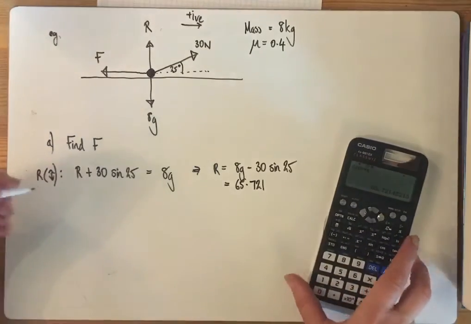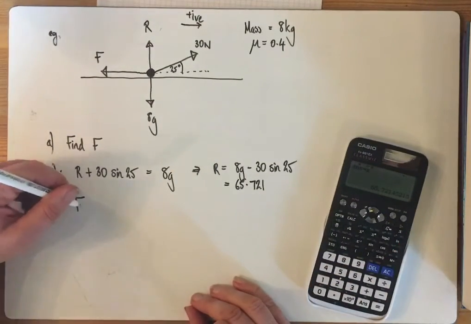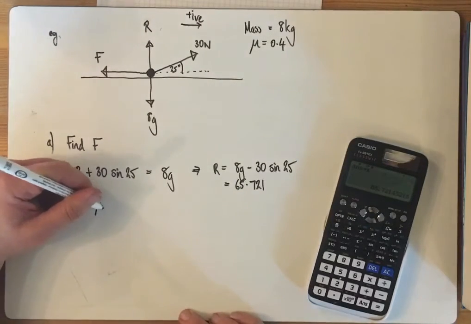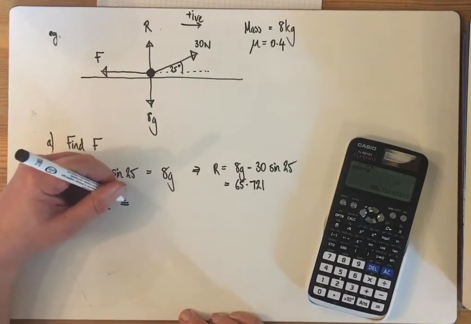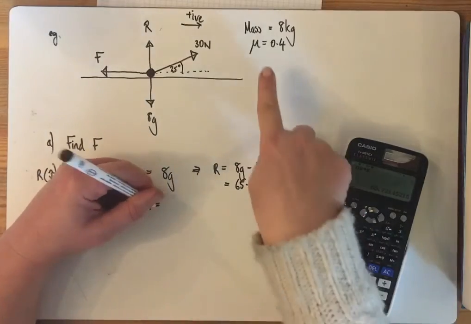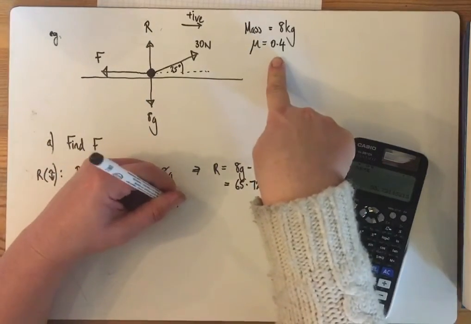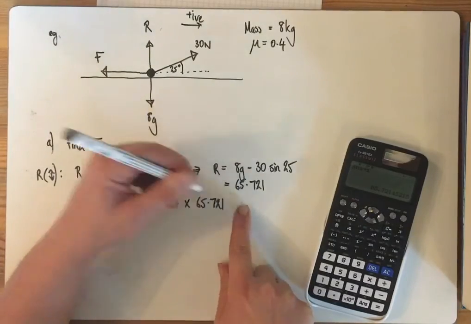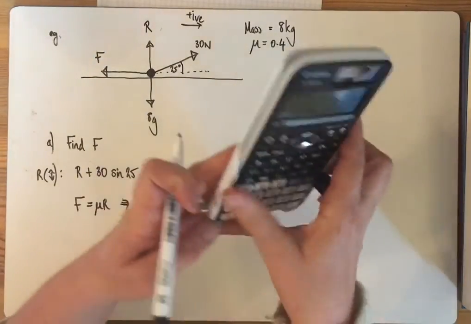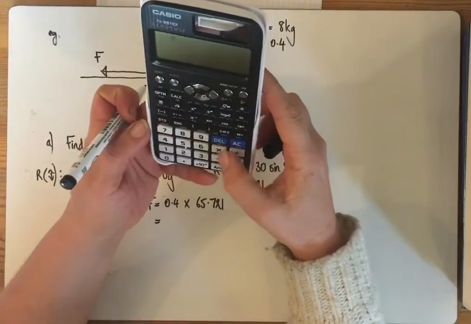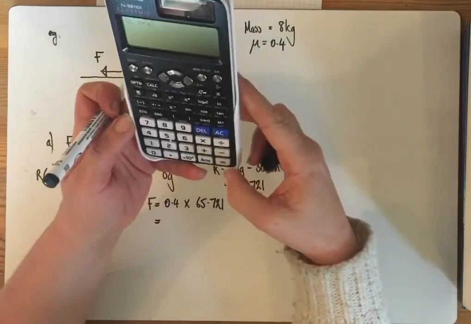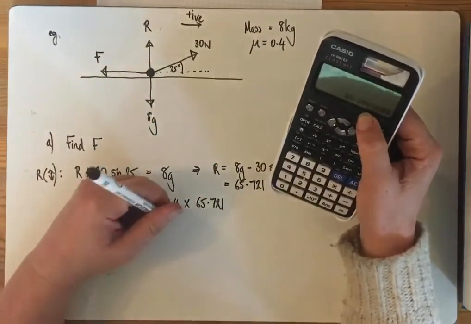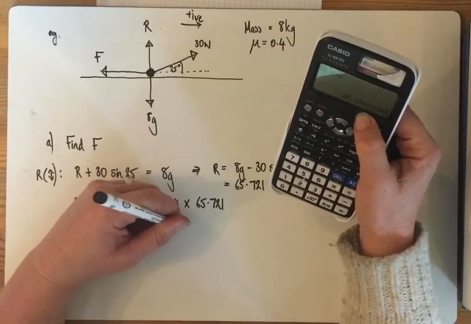So from there, to find the friction, F is equal to mu R. And so F is equal to coefficient of friction times 65.721. So 0.4 times x. So that's 26 newtons.